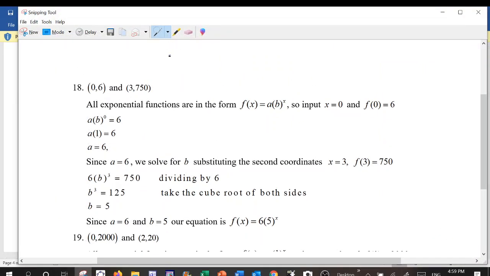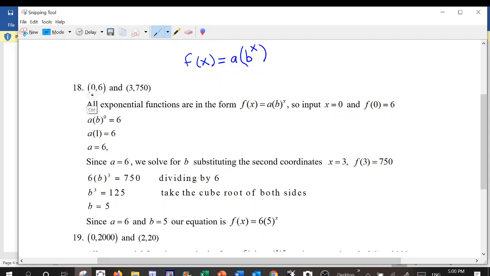So in general, the exponential function looks like this. Let's say f of x equals some b to some power, but then there is an initial value coefficient, a, which is the initial value here, right? So that's the initial value.